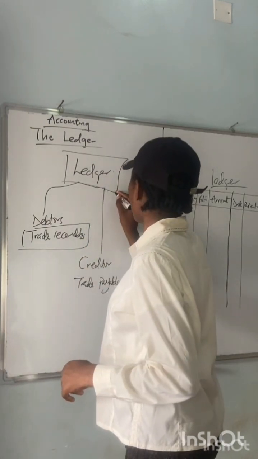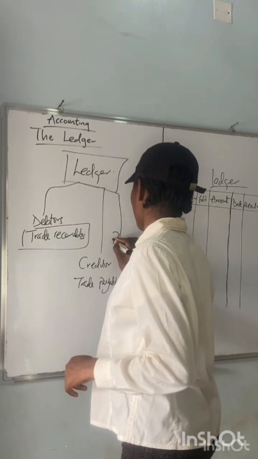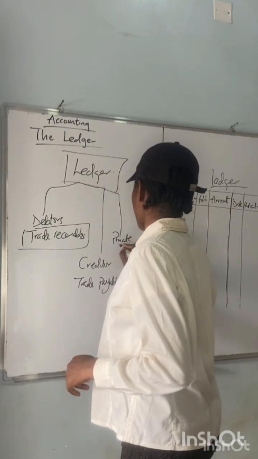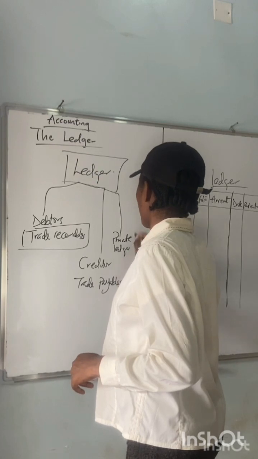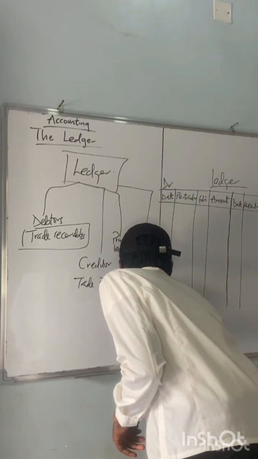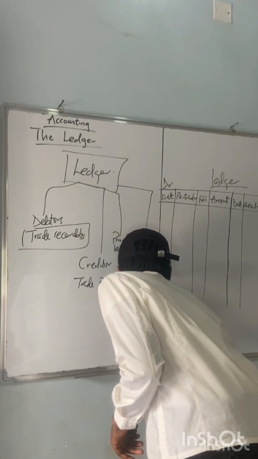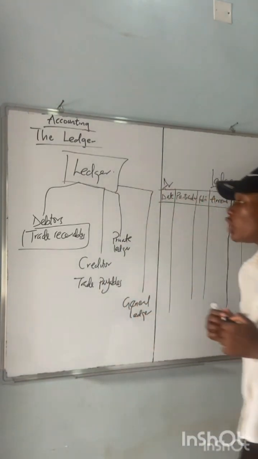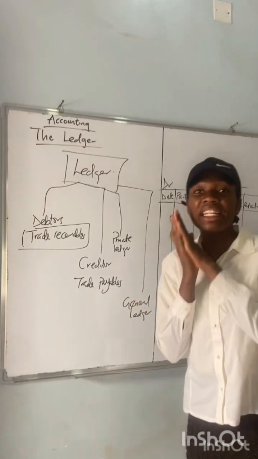Then we have our private ledger, and lastly, we have our general ledger. So these are the broad categories we have for the ledger account.